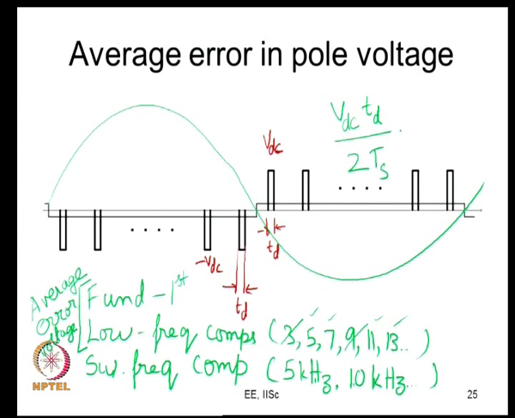I will call this as error voltage, average error voltage. The instantaneous error voltage is VDC and happens for time TD. So, they occur once in every 2 Ts, and so this is what I would call as the average error voltage now. So, now I can represent this by a square wave.